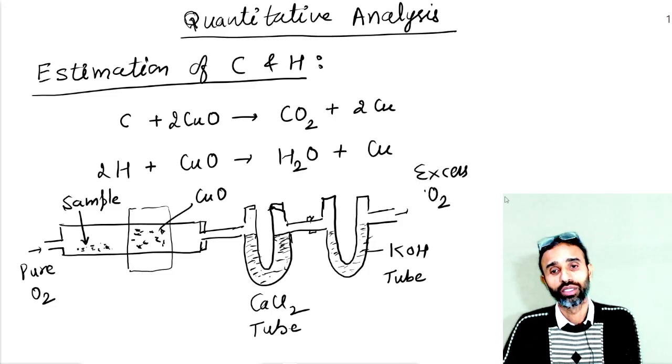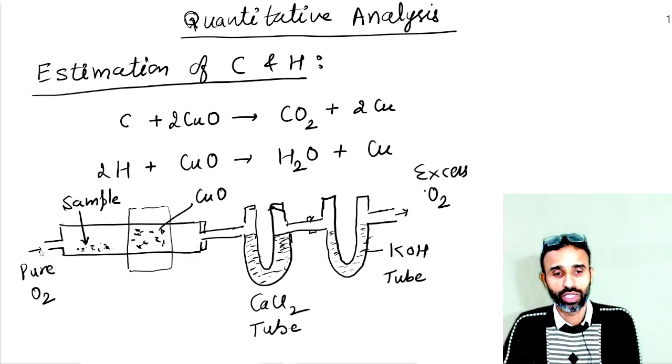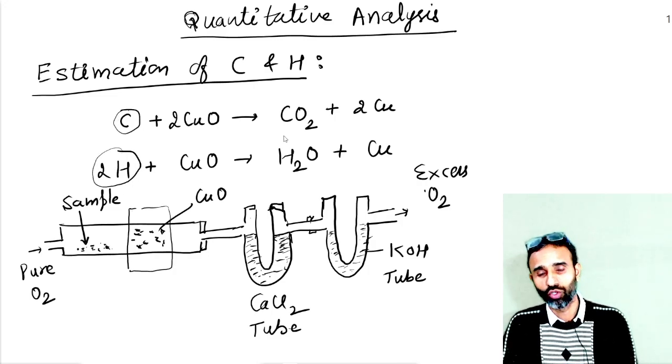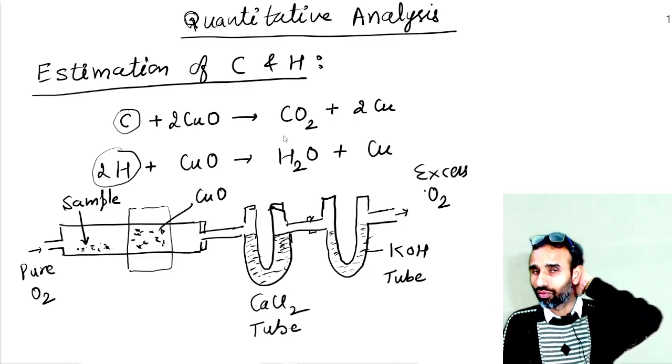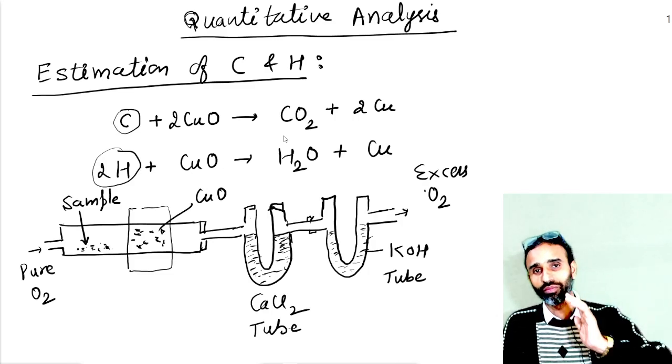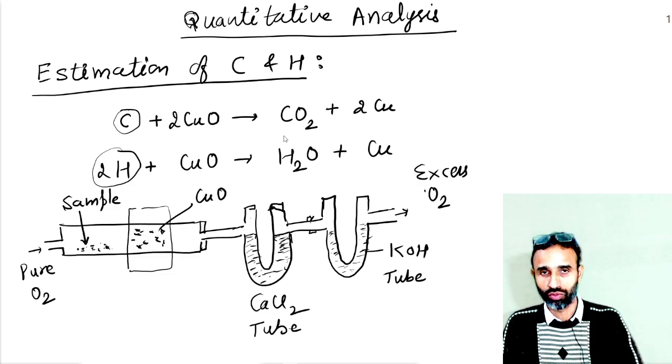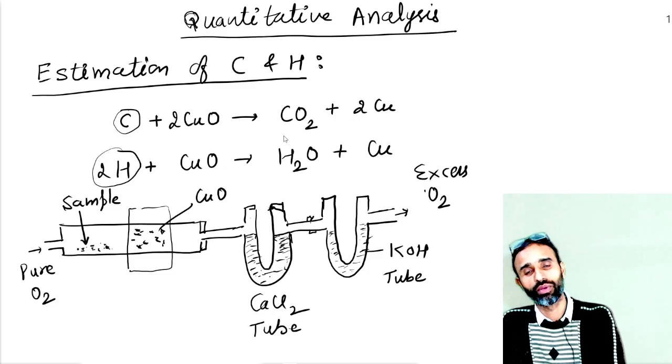Oxygen, because if oxygen is in excess, then the combustion is complete. Obviously cupric oxide will give oxygen, but excess oxygen in the furnace converts any leftover carbon or hydrogen, so complete combustion of carbon and hydrogen takes place.